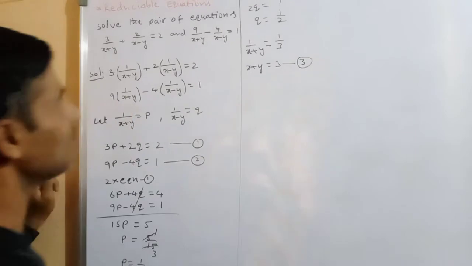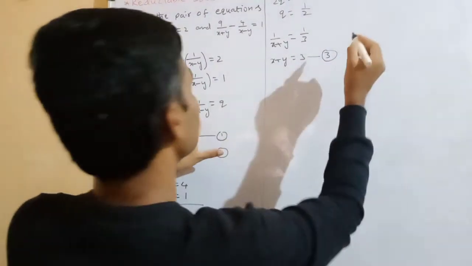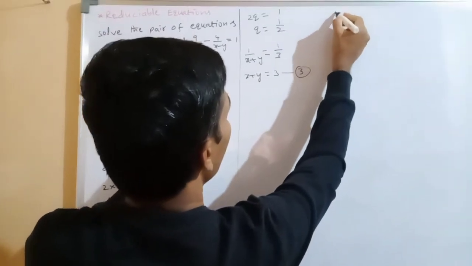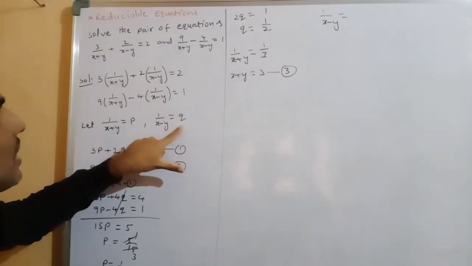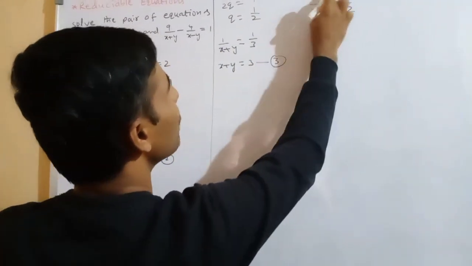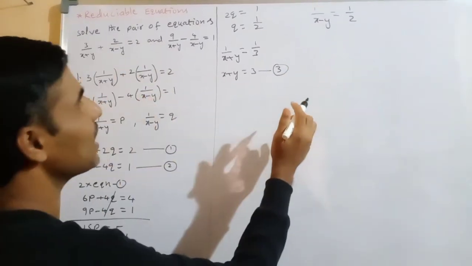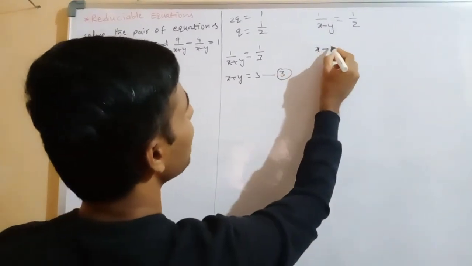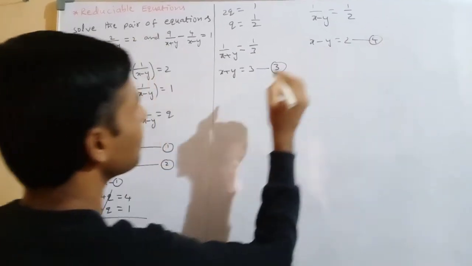Next, q equals 1 by 2, so 1 by x minus y equal to 1 by 2. Here also numerators and denominators are equal, so x minus y equal to 2. Take this as equation number 4.